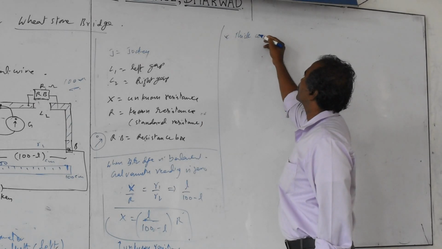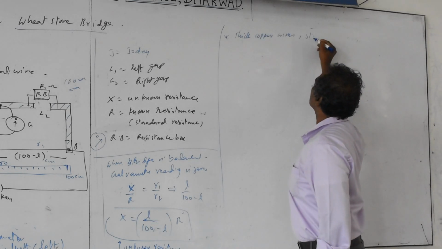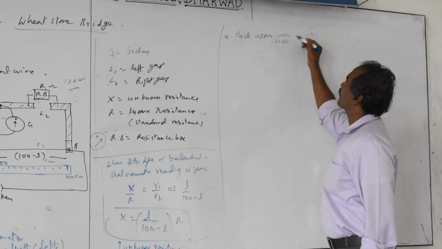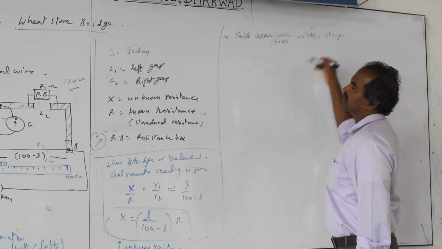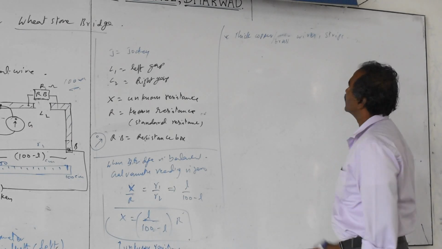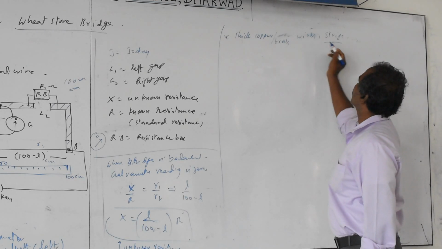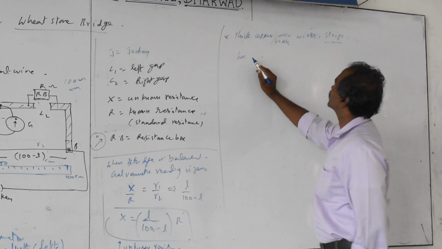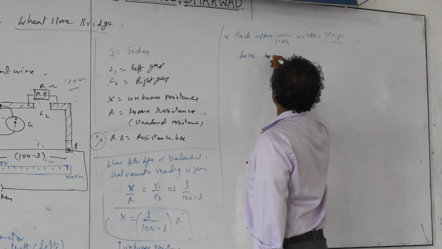Thick copper wires, strips, copper or brass wires, strips. We don't use wires of brass, we use copper wires only, but strips can be made of brass. Thick copper wires or brass strips have negligible resistance.